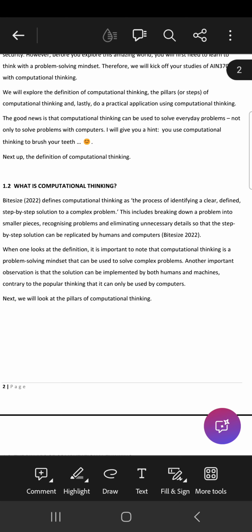And a process that needs to be applied in order to solve a particular problem. Okay, so that is what computational thinking revolves around. It revolves around identifying what a problem is and then what is required to actually solve that problem.